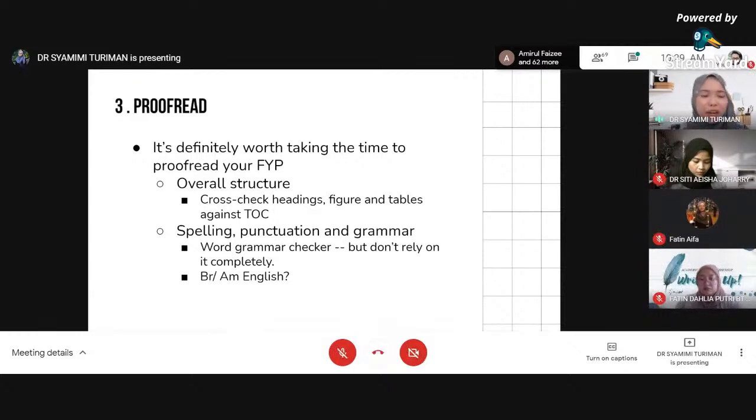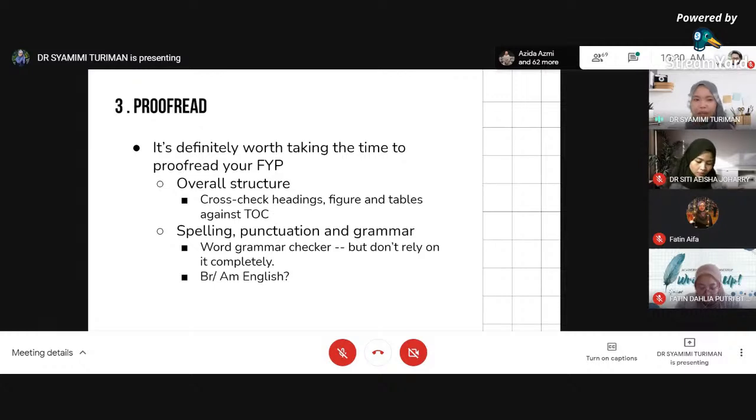Right? Okay. Also, another aspect to be considered when you do proofreading would be in terms of spelling, punctuation, and grammar. Of course, I am sure all of us here would be using Word document, so we can use the Word grammar checker.